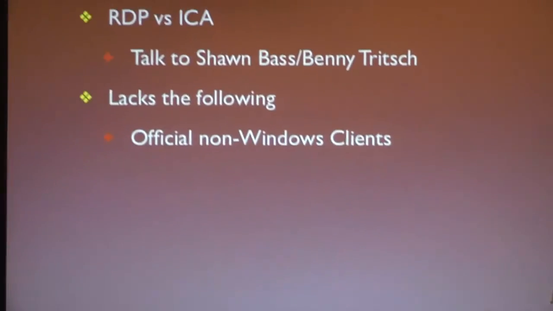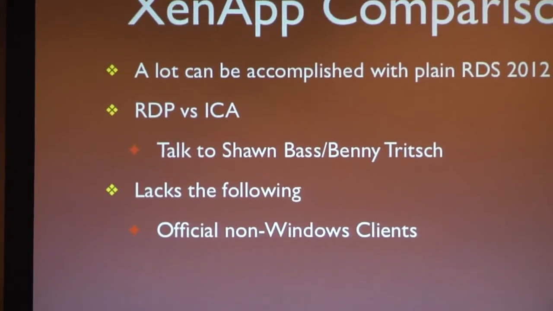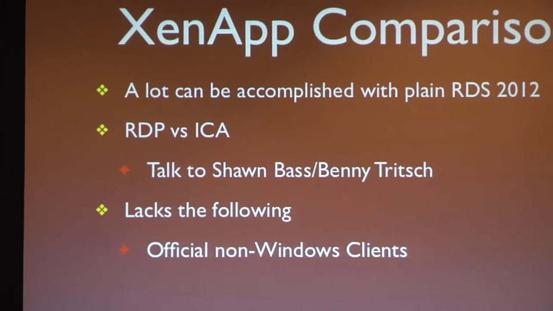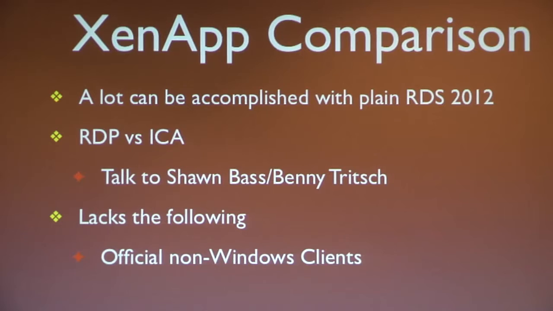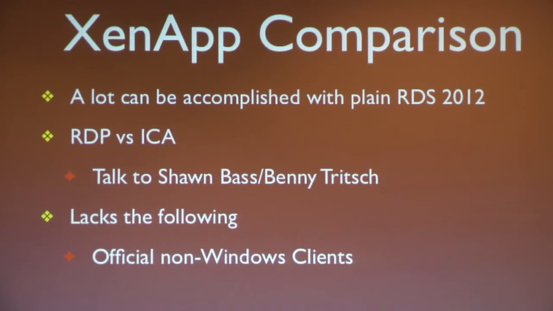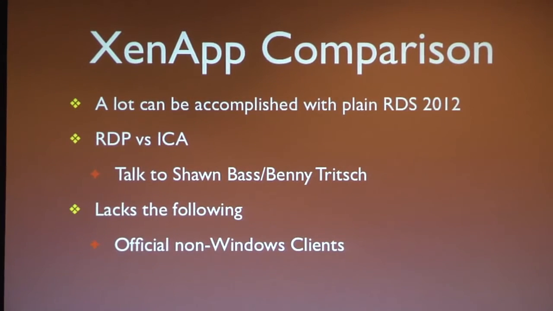The other point with Citrix and RDS comparison is this. First one, Microsoft, they don't really care about anything that is non-Windows, okay? So if you have an iPad, they don't care about your iPad, and they actually hate you and try to make your life harder.